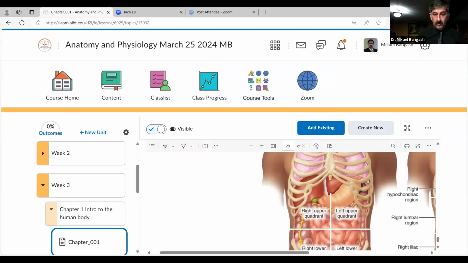Now just comes the question. What are going to be the structures within each of these quadrants here?